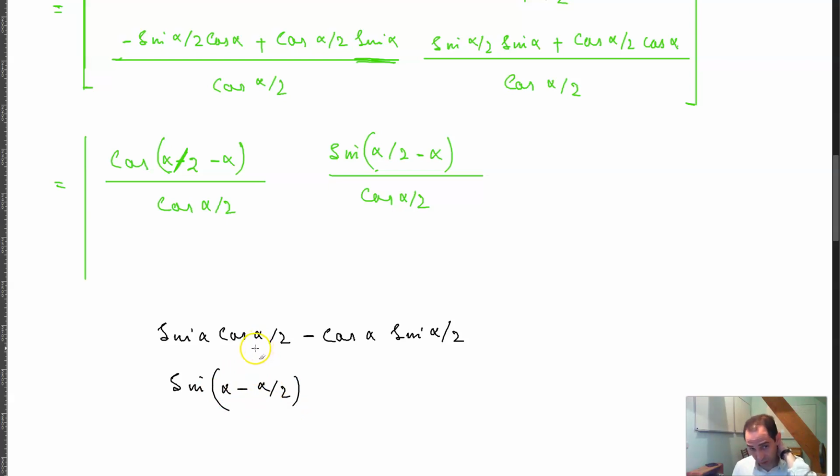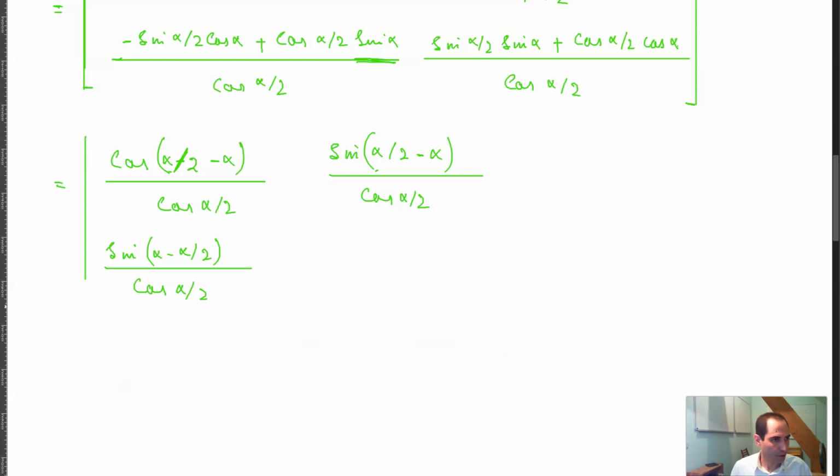Right, so this is the same thing as sine of alpha minus alpha by 2. So I can write this as basically sine of alpha minus alpha by 2, and divide that by cos of alpha by 2.